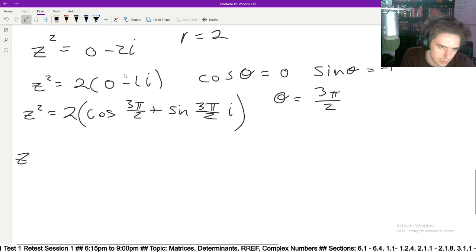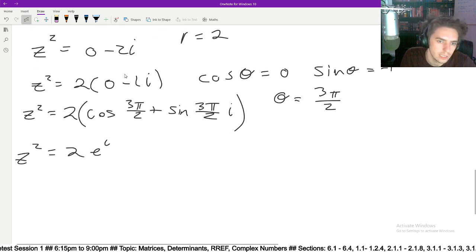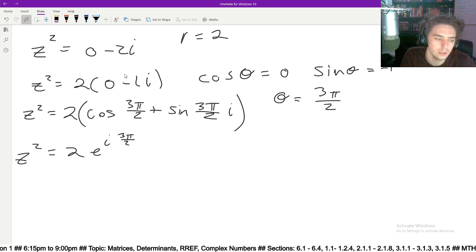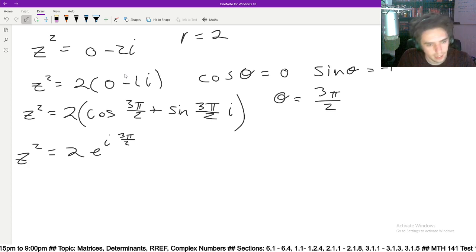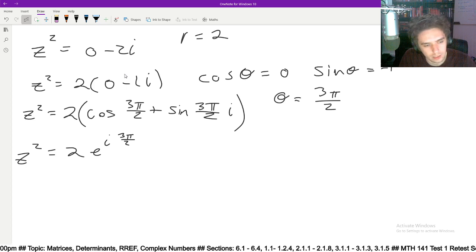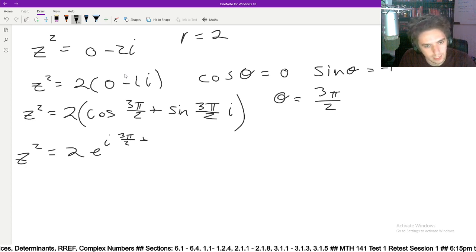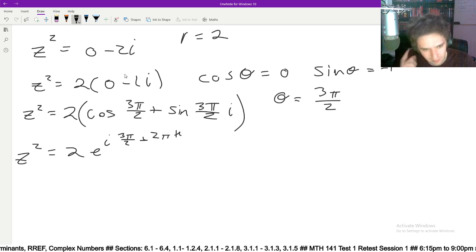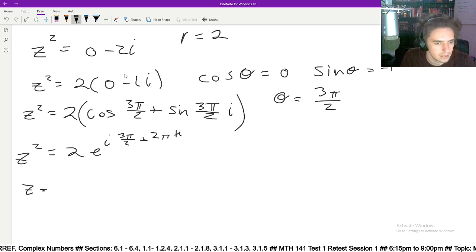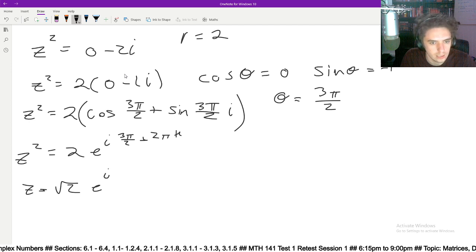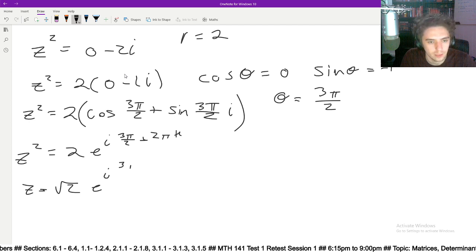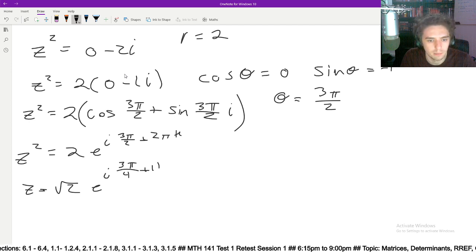And so now I can write this as z squared equals 2e to the i 3 pi over 2. Okay, and now I will finally be able to take the square root of this. Plus 2 pi k, I always forget that until I'm about to do it. So z is equal to root 2 e to the i (3 pi over 4 plus pi k).